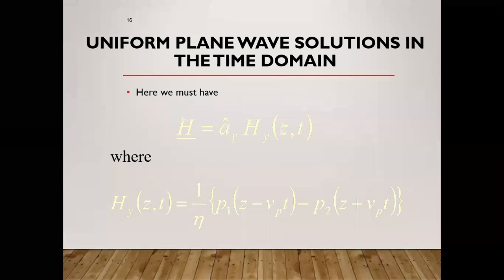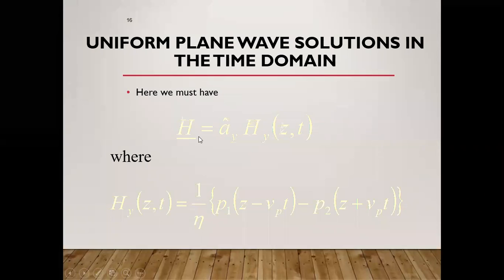Okay, so here H will be equal to, again the unit vector is taken here. If my electric field is on the x-axis, I should think of my magnetic field on the y-axis. That's why here the y is taken.